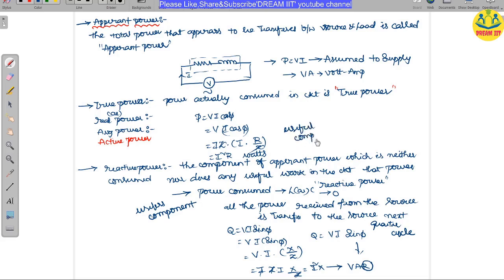Another name for the useful one is the watt component, and another name for this one is the wattless component. The unit for this is volt ampere reactive. These are the three types of powers in AC circuits.